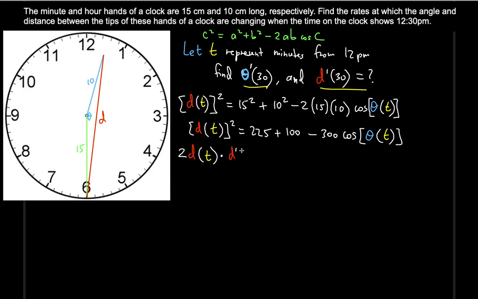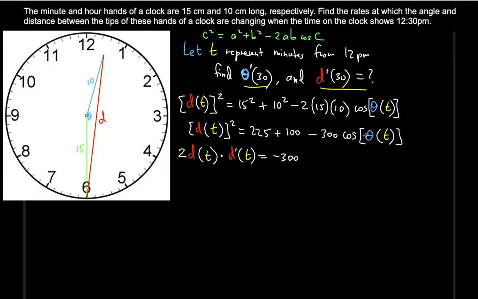And the right side is what? Differentiating with respect to t. These are constants, so they turn to 0. So 0, 0. And this one is what? Minus 300. Now this is a constant that's untouched.